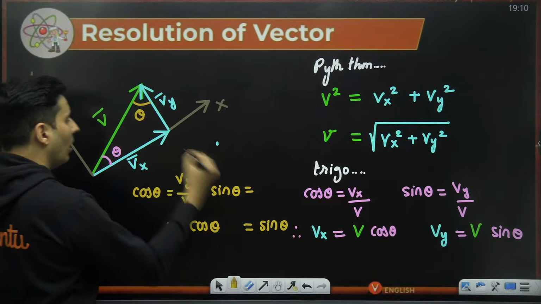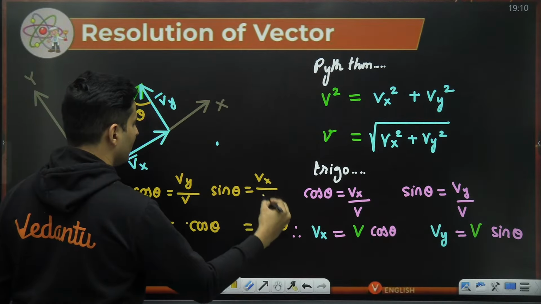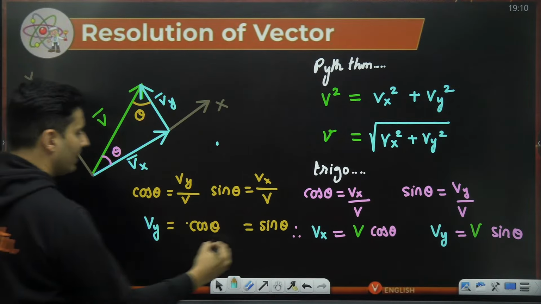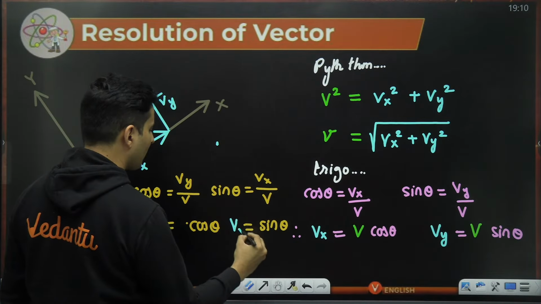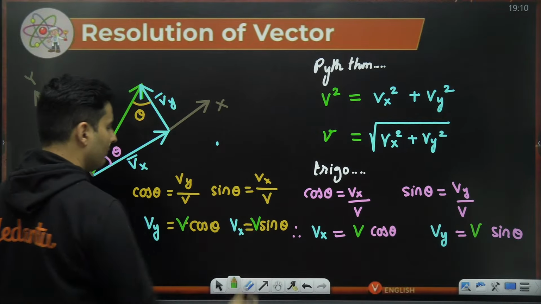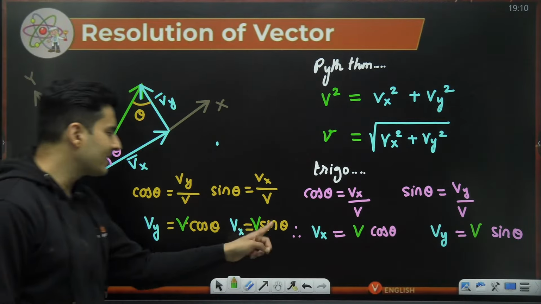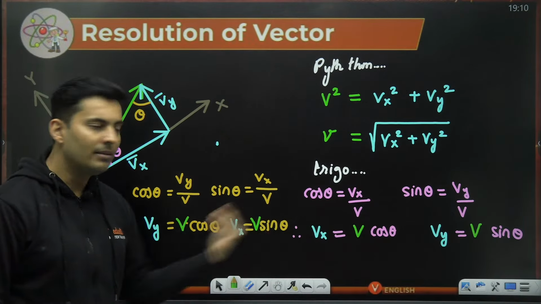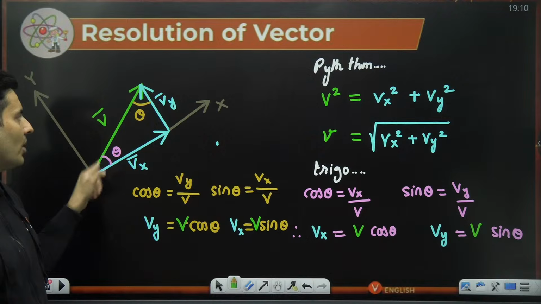Sine theta will be the opposite side, that means vx by hypotenuse. So for that person vx is v sine theta and vy is v cos theta. So things can differ depending on which angle you have chosen.